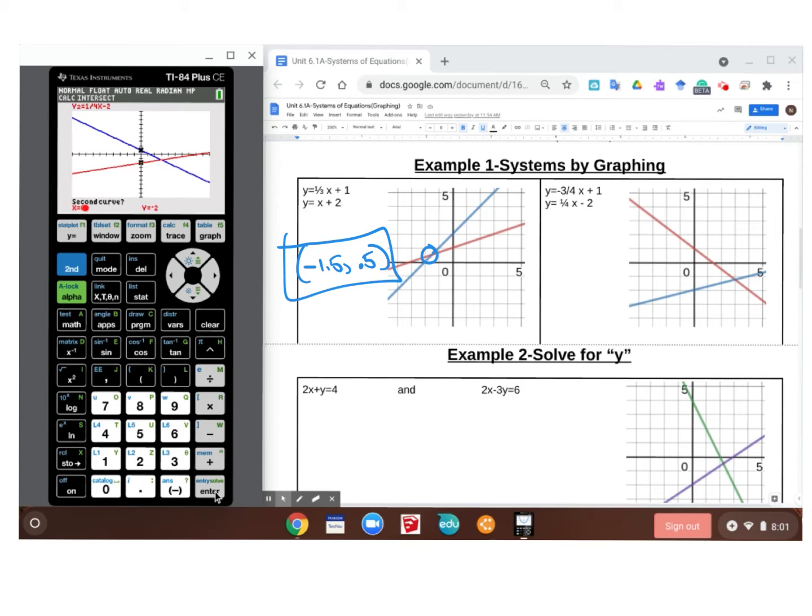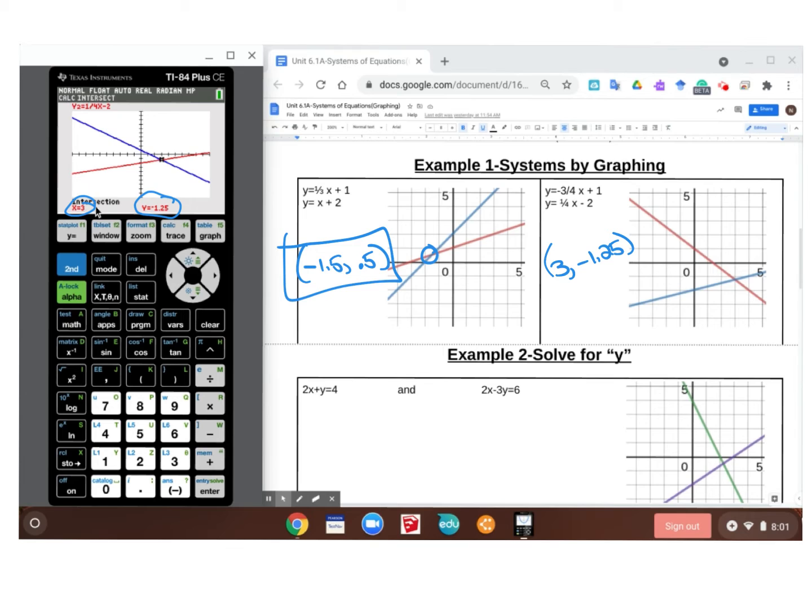Now it's going to ask for first curve, enter, second curve, enter, guess, enter, and this is where we want to pause to write our answer. We can see here that our x value is 3, our y value is negative 1.25. So our intersection point is 3, negative 1.25.